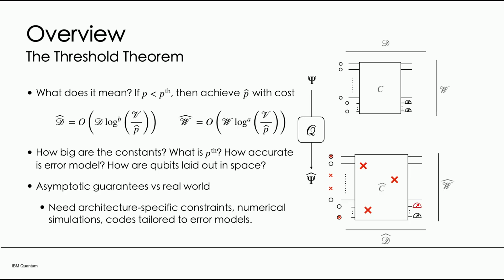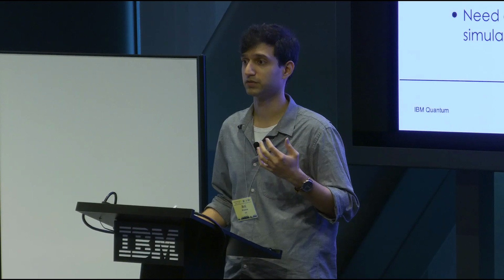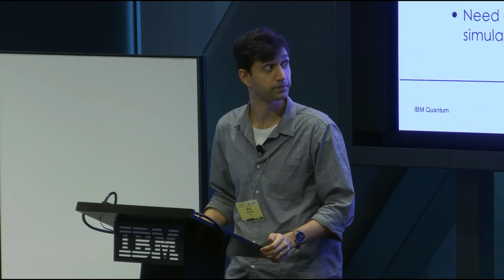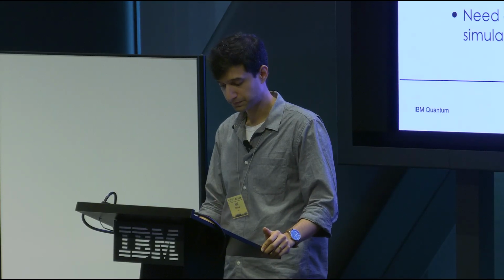You need to supplement these asymptotic results with detailed numerical simulations of your system at hand, tailor your code to the specific architecture that you're dealing with, make it as efficient as possible, and hope that this quantity, the p threshold, is large enough that it actually makes sense to run a quantum computer. Okay, so far so good.